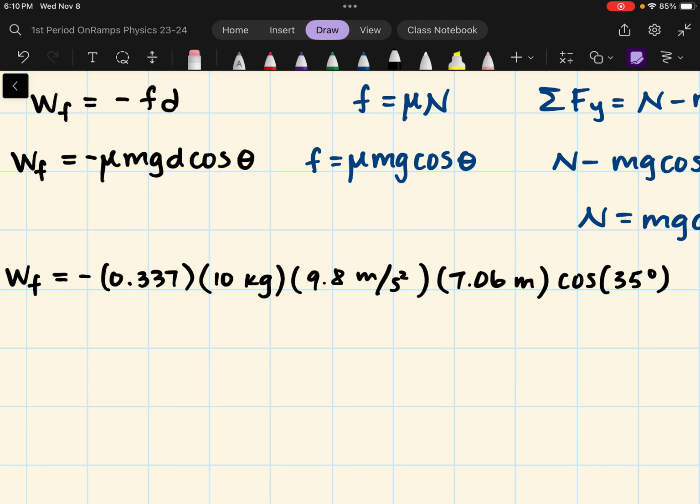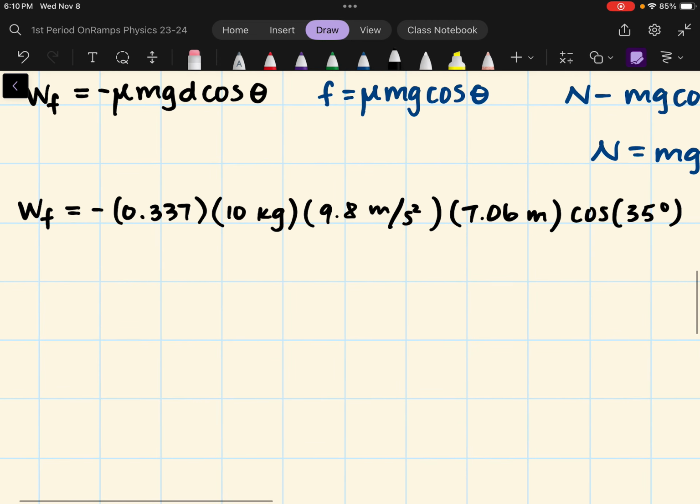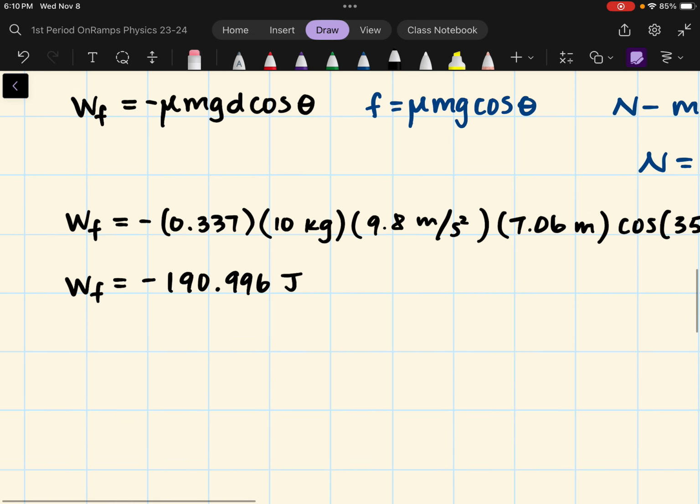That was my angle. After I plug that in, I use decimals. The work done by friction is negative 190.996 joules. And that's how we find the work done by friction.